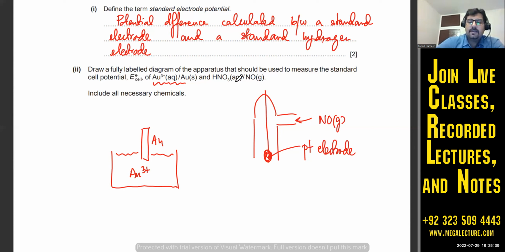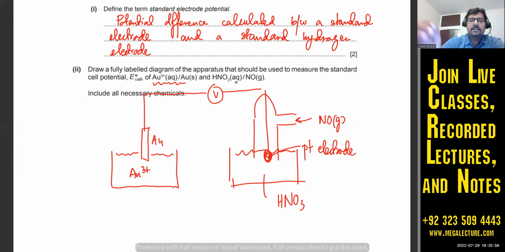And nitric acid is aqueous, so nitric acid will be a part of the solution. And you'll add a voltmeter between them because he's asking you to measure the potential difference, cell potential. And there's one thing that is missing. What is that one thing that's missing?